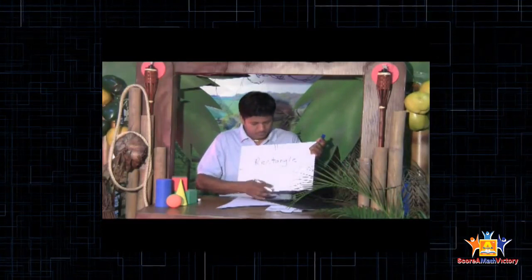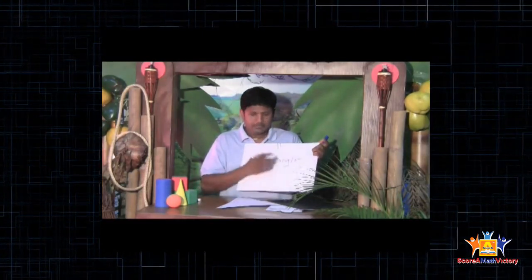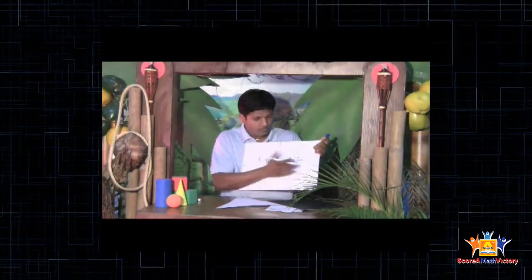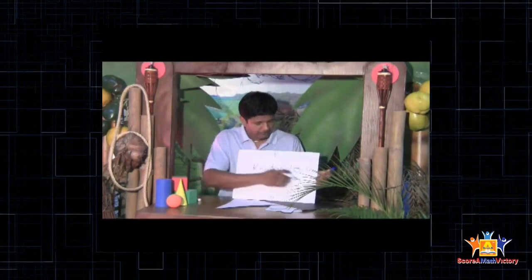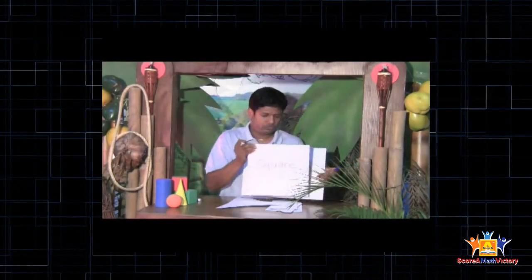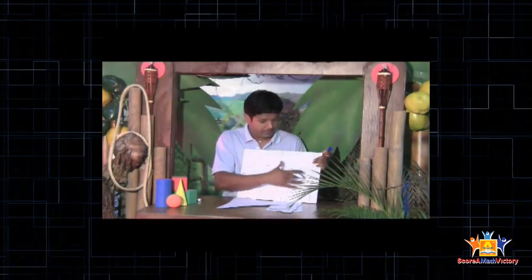You put the two lines like this, it shows this and this are the same with one line, so this and this are the same. But look, because they are not all the same, I have to use one line for this side and two lines for this side. So that's why I can categorize these two identical and these two identical. Now look at this, the square. I put one line all the way for all four sides because all four sides are identical.